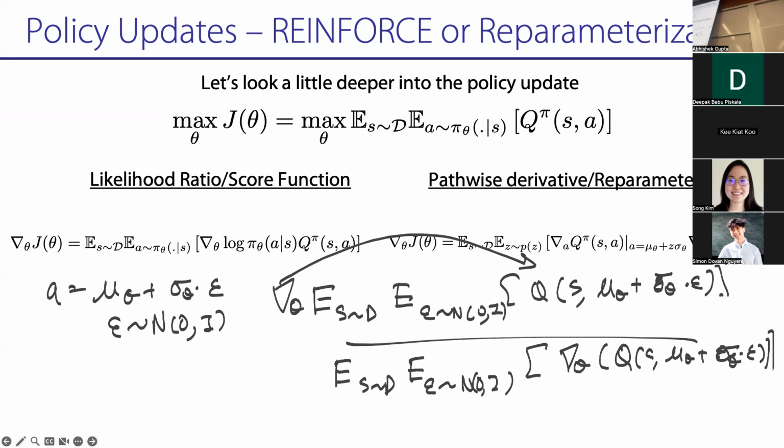The expectation does not depend on theta anymore, so you can take the gradient all the way inside. And now in the last step you use chain rule. If I have grad theta of this Q(S, A), I can write this as grad A of Q(S, A) times grad theta of A. Just chain rule.